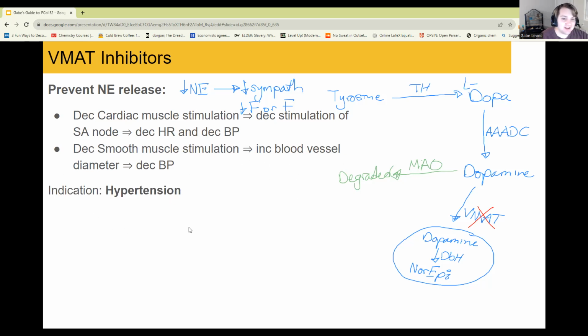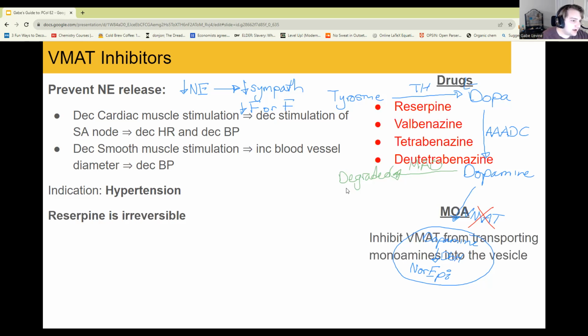So when would this get used? If you have high blood pressure. We can use the VMAT inhibitors specifically to help with hypertension, because they're going to prevent norepi release.